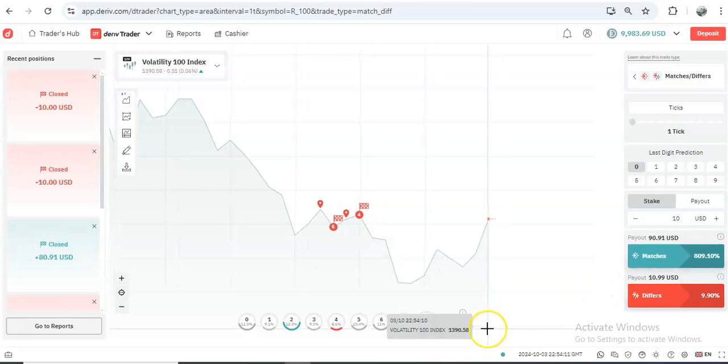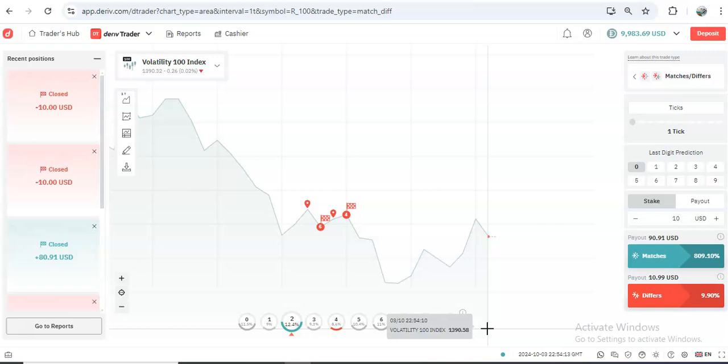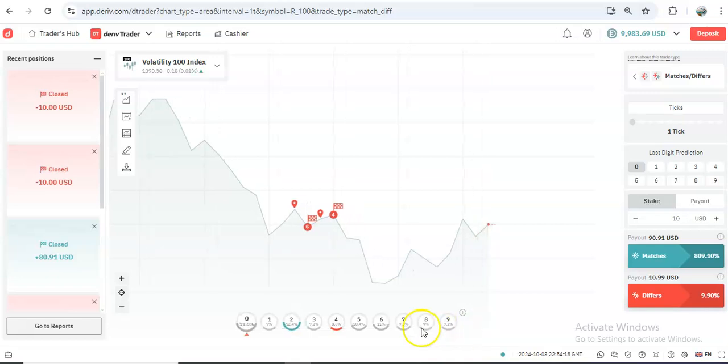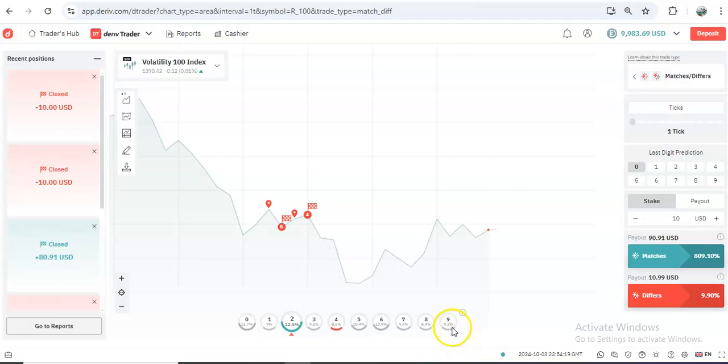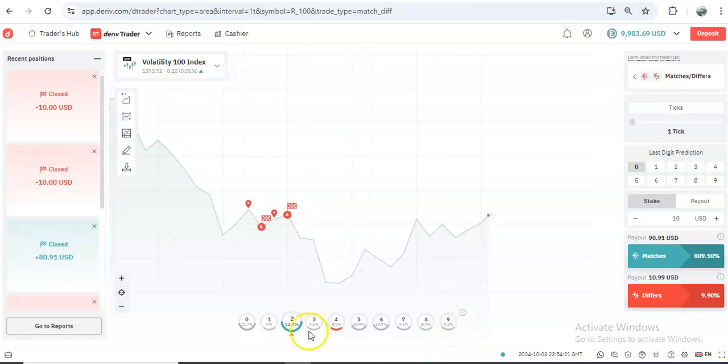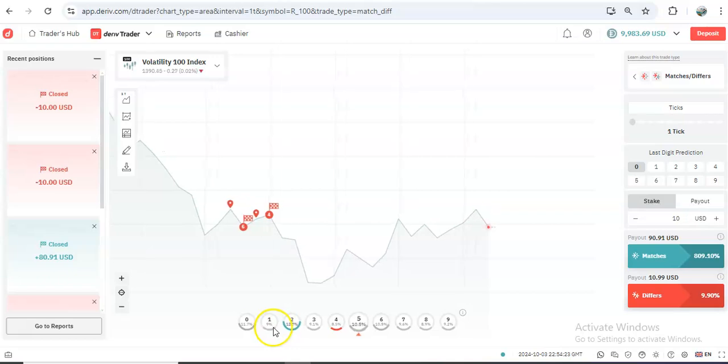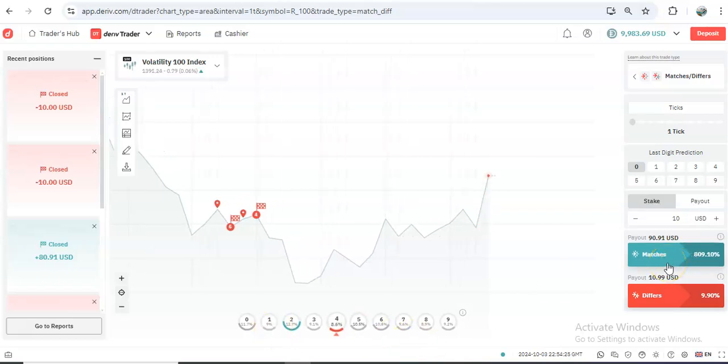Another thing you have to know: when the green bar is on 2, the cursor moves from 9 to 2 and then goes to 1. So let me enter the market. I'm trying to find a good entry.